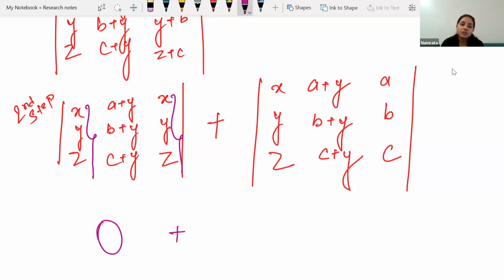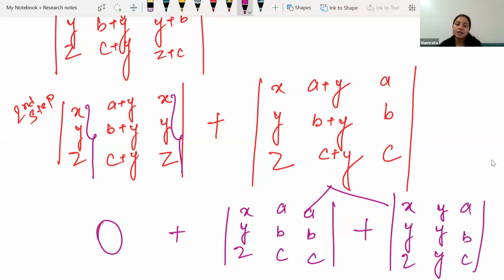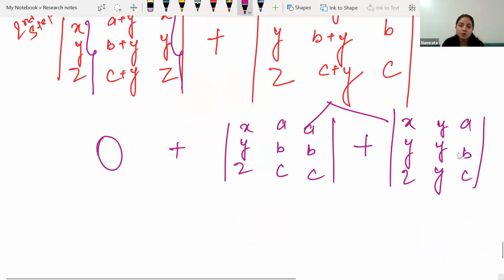Now we are left with only this part, that is x, y, z, a. Okay, let's expand it just like the previous one. We can expand it like this: a, b, c, again a, b, c, plus x, y, z. We are expanding this, y, y, y, a, b, c. Can you see again we ended up getting two exactly same columns?